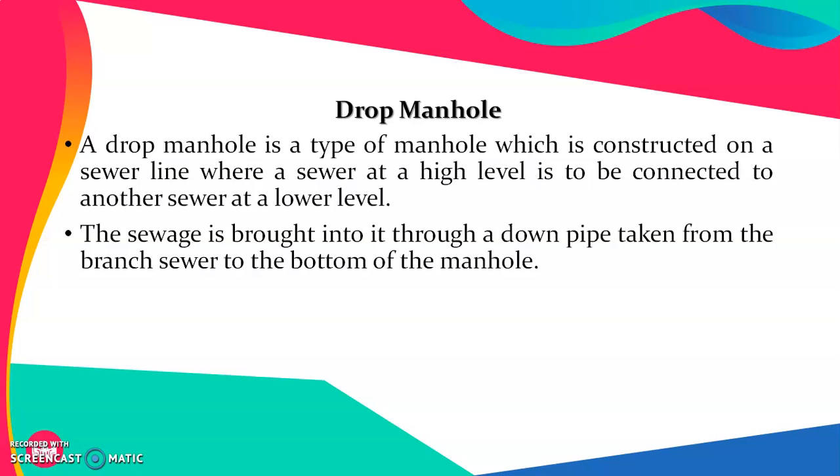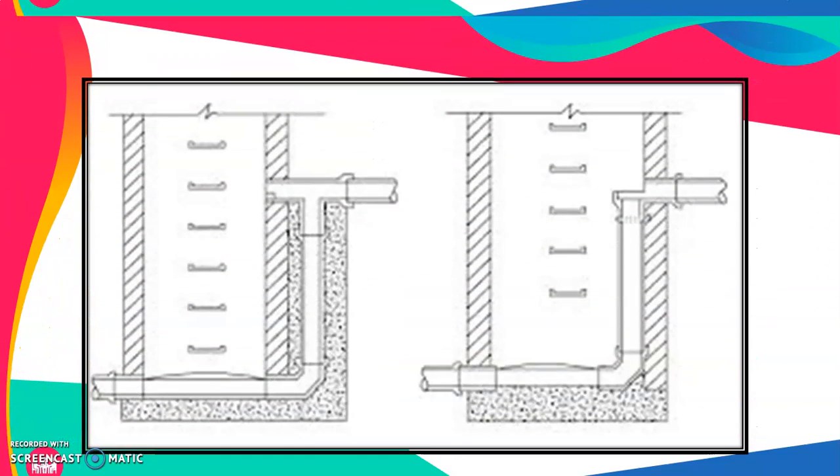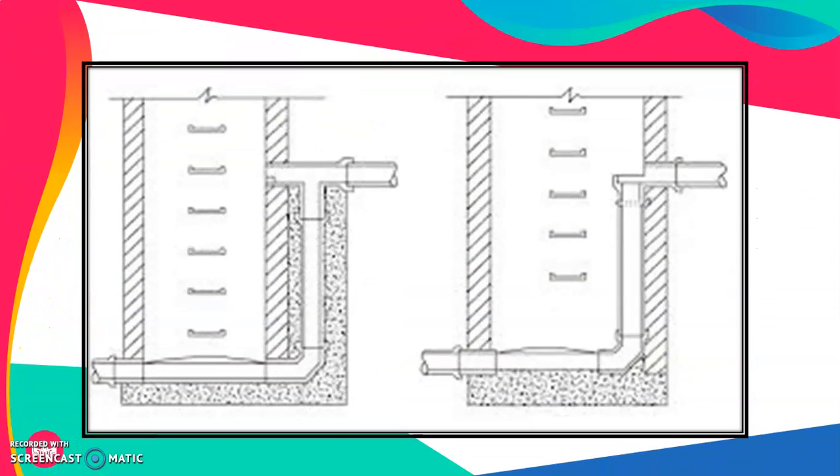The sewer is brought in through a down pipe taken from the branch sewer to the bottom of the manhole. This shows the section of such a drop manhole, where one can see that pipes at different elevations can be joined by providing such a drop manhole.